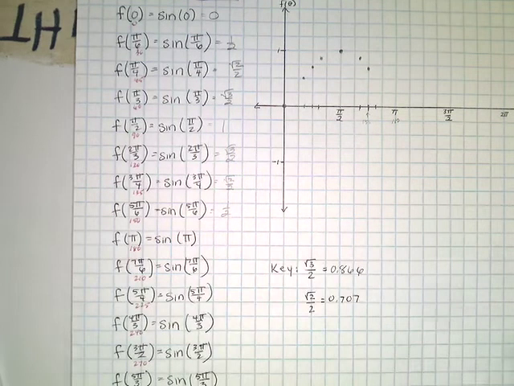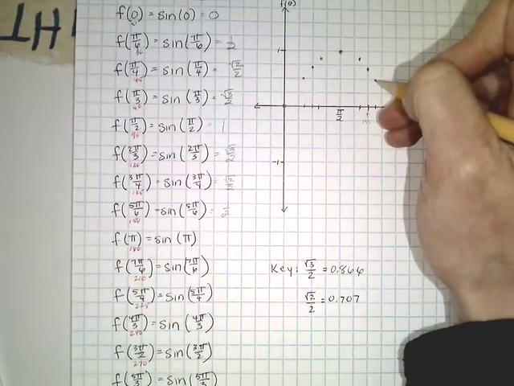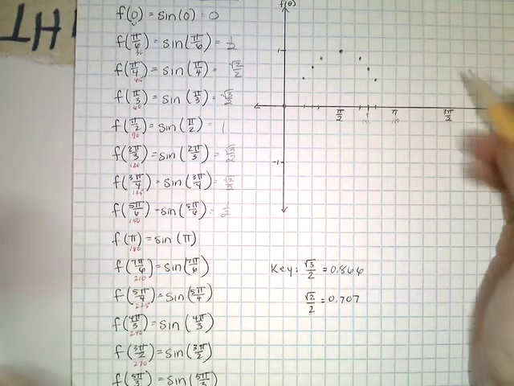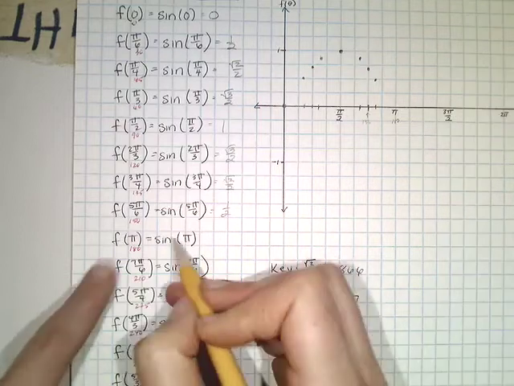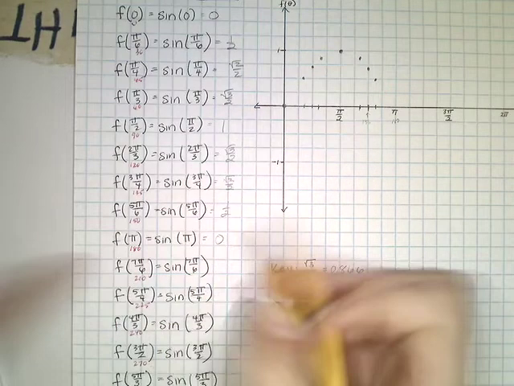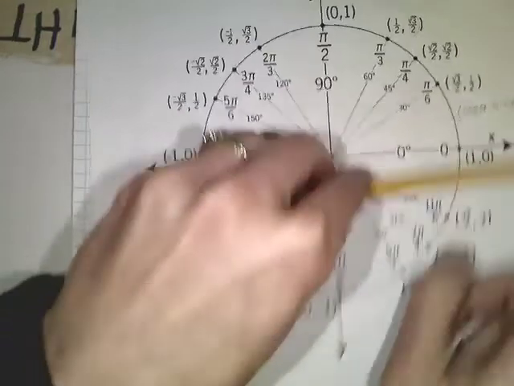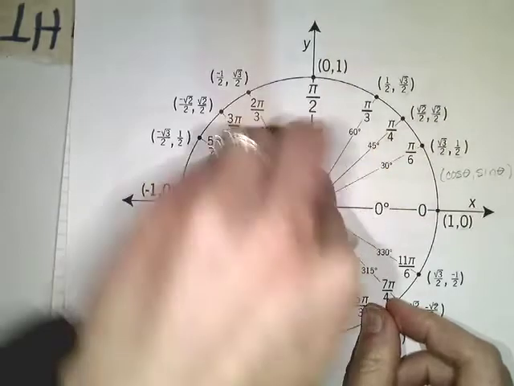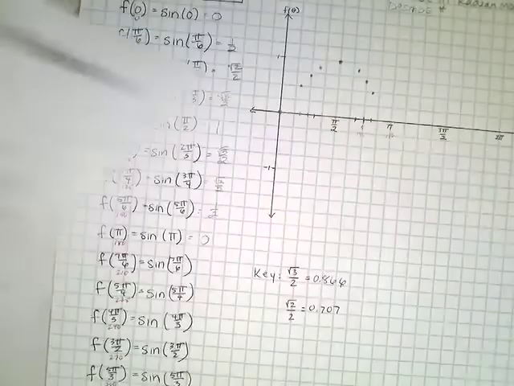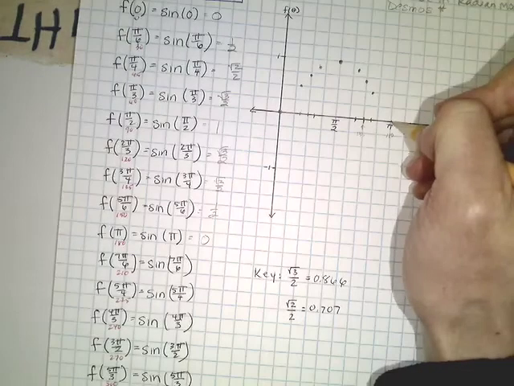Yeah, 1/2, we don't need a key for that. And there you go. And that's the first half, essentially, because what happens when I get to 180? The sine of 180, or sine of pi, is 0 again, right? We're over here. Sine is the y position. Trig is so awesome. And I get right there.